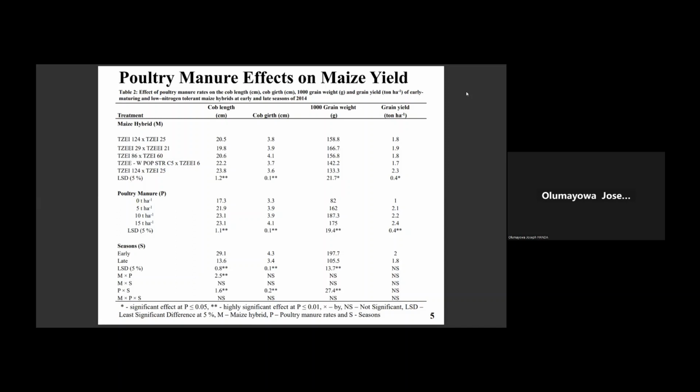The optimum yield was from the variety TZEI 124 by TZEI 25, at 2.3 tons per hectare, while 15 tons per hectare of poultry manure yielded 2.4 tons per hectare. The early wet season also yielded 2.0 tons per hectare in 2014.